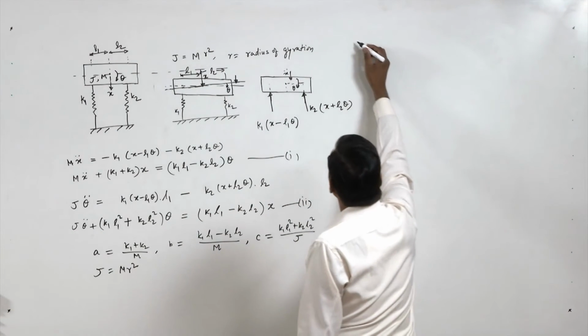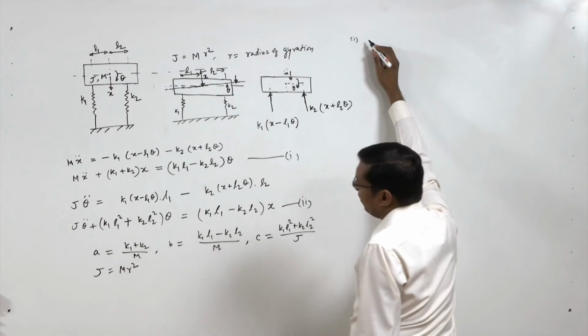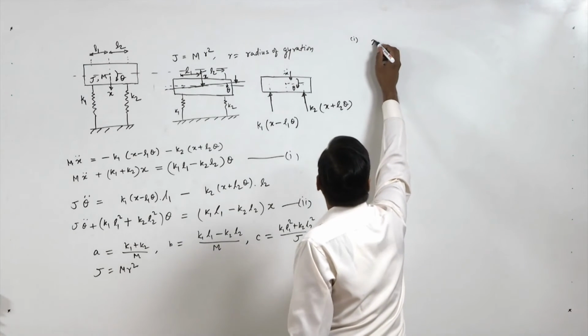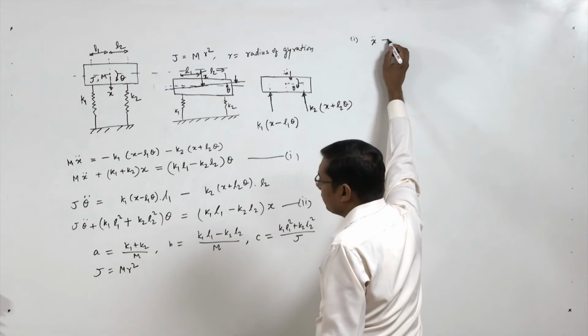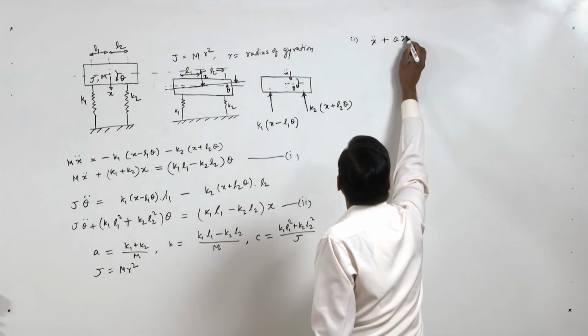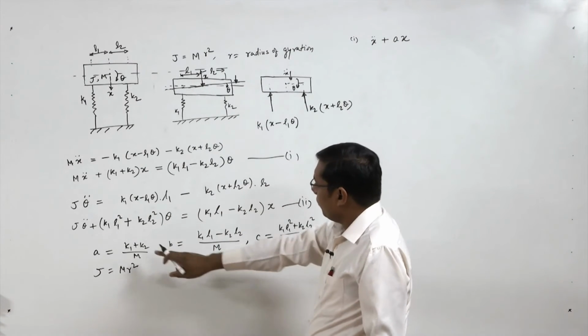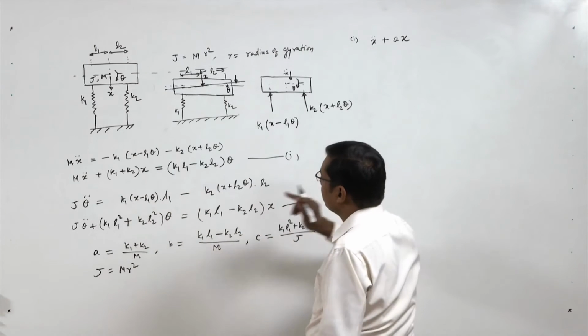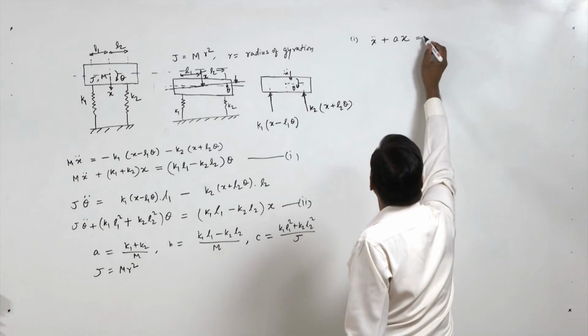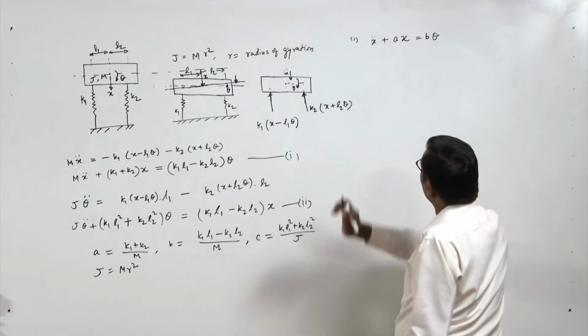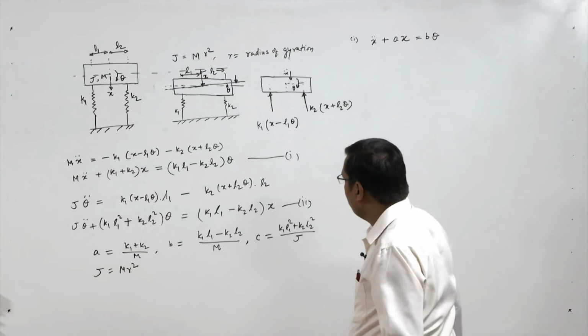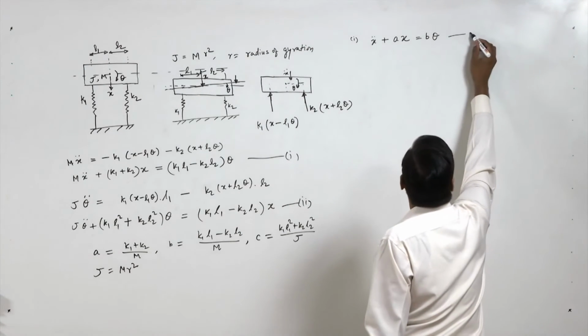Equation 1 will be x double dot plus A x equal to B theta. This we call equation number 3.